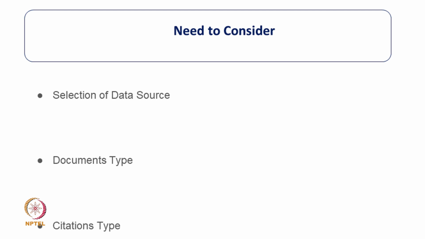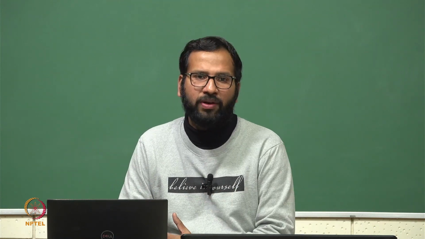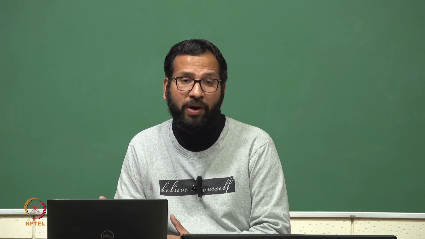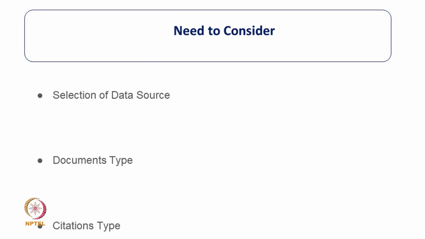The next thing to take care of is the type of document we are considering for the analysis. We have already discussed that different types of documents are published, like conference paper, book chapter, research article, review paper, notes, data paper, editorial, etc. It is important to note which document types you will consider for assessing the unit of publication.